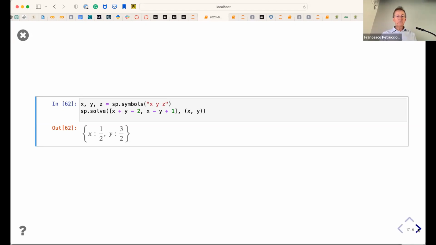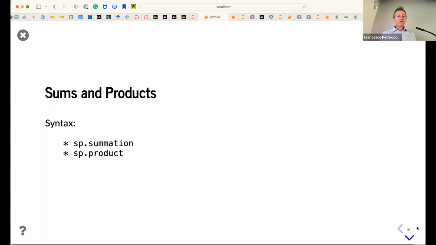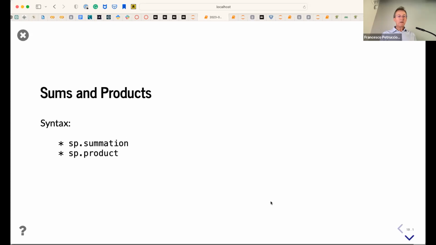So that was very useful. And then we started a little bit of calculus. We practiced sums and products, and the commands are summation and product.